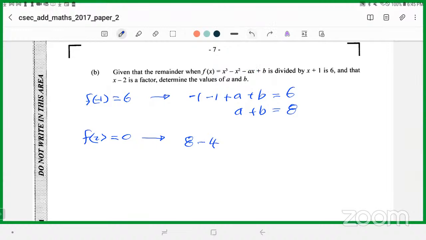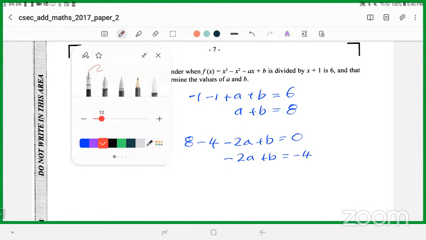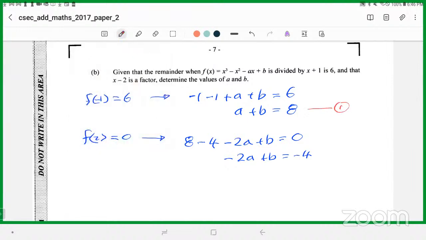Negative a is negative 2a right there. I'm adding back this b, and that result is 0. Consolidate again. I'm leaving these 2 on this side. This is a positive 4. When I take it on this side, it becomes a negative 4. So I'm going to leave 2a plus b equals negative 4. So this is my first equation. This is my second equation.